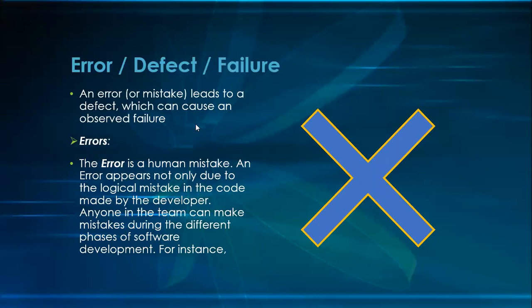An error appears not only due to a logical mistake in the code made by the developer; anyone in the team can make a mistake during different phases of software. Anybody. So though error is a human mistake, you and I could be in the team.